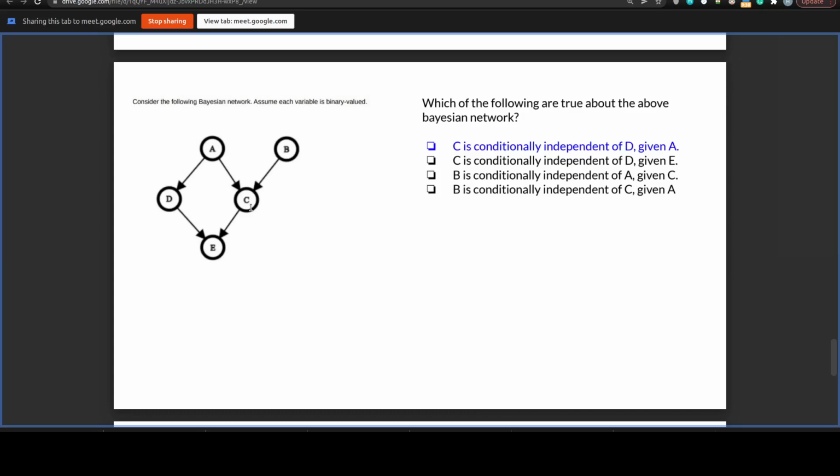But they actually are not the direct parents. If they are not the direct parents, we cannot make an inference about the probability. So the only thing you have to keep in mind is that the only independence you can use is with respect to the parents. Okay. Now, B is conditionally independent of A given C, right? So B is conditionally independent of A given C.